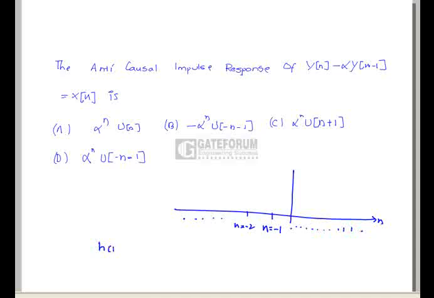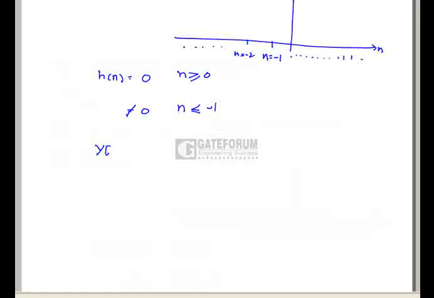That means h of n equals 0 for n greater than or equal to 0, and h of n is not equal to 0 for n less than or equal to minus 1. Here y of n equals h of n if x of n equals delta of n, that is the impulse function.